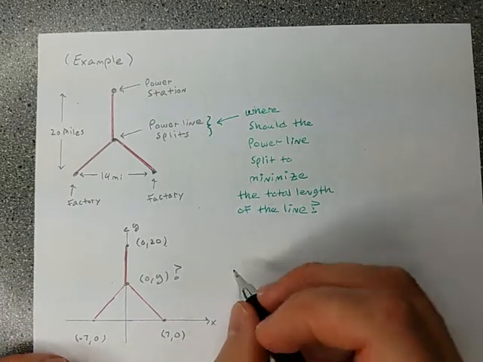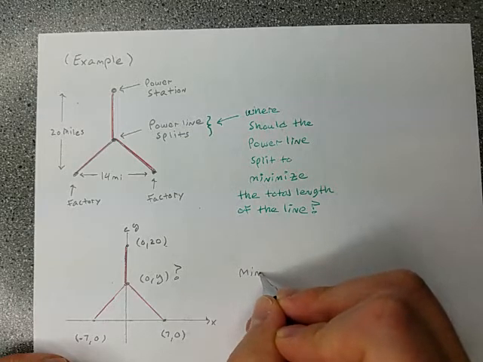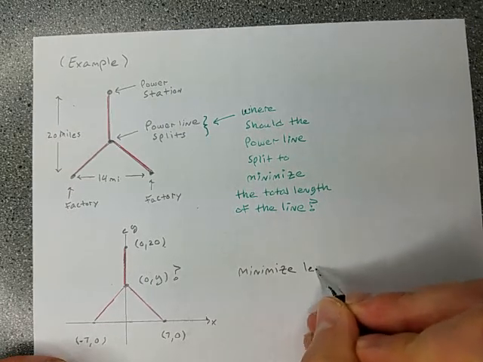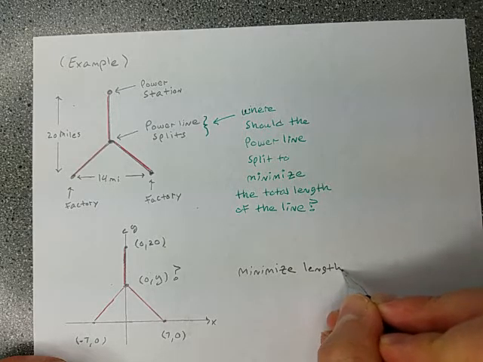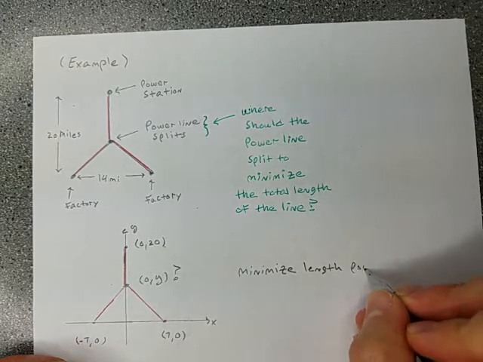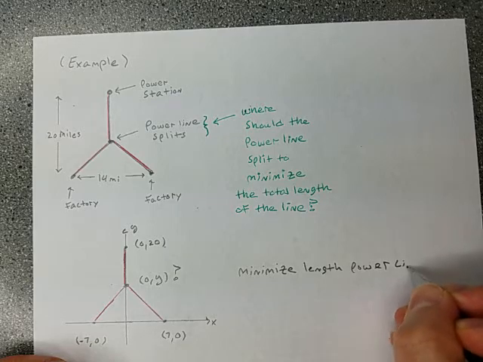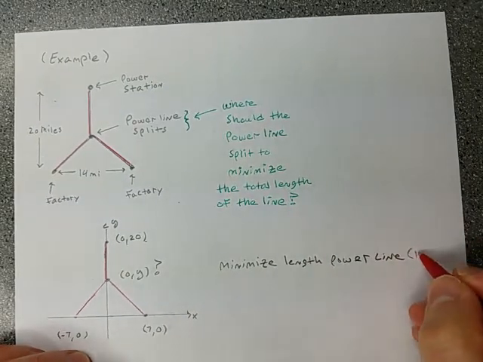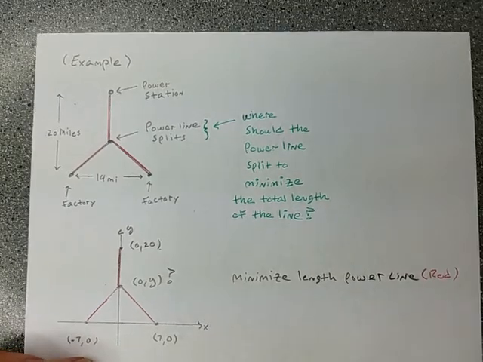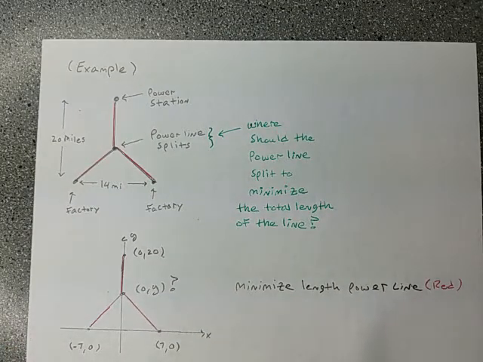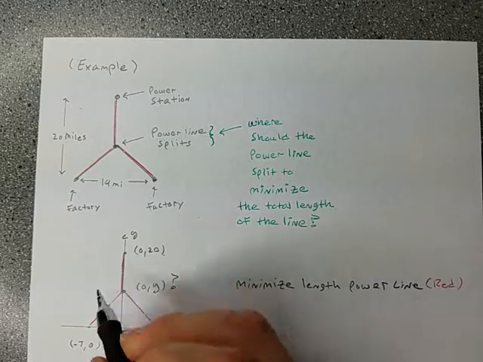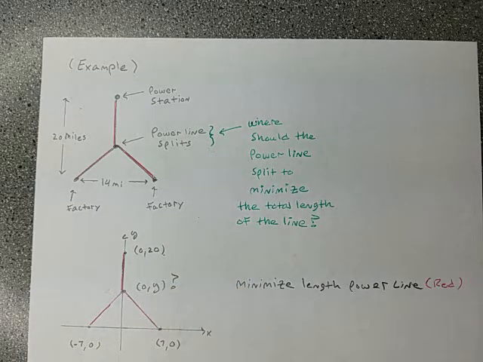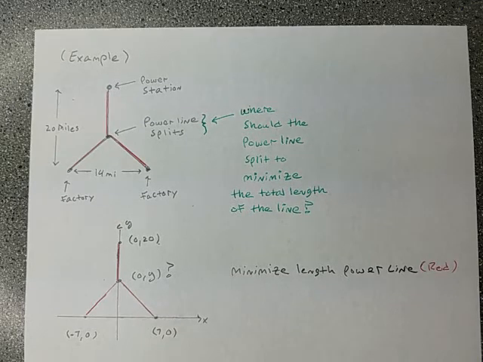So I want to minimize the length of the power line, which on my diagram is written in red. So could we get a formula that measures the length of the line? That would be the obvious place to begin.